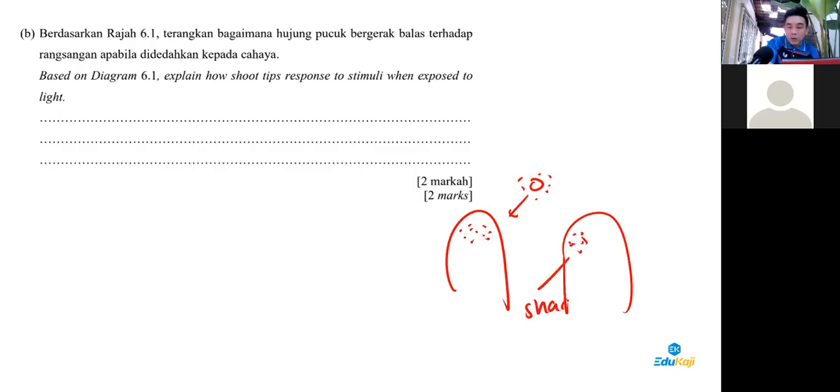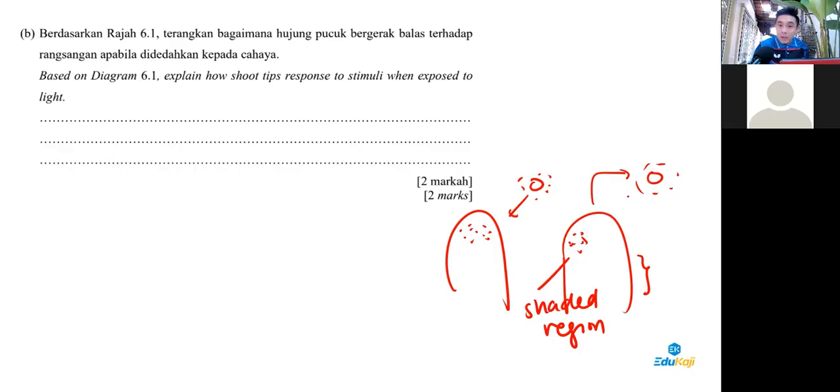And when they move down to the elongation zone, they will stimulate elongation. That's how it bends to a particular direction. That's why the shoot tip always bends towards sunlight, okay?